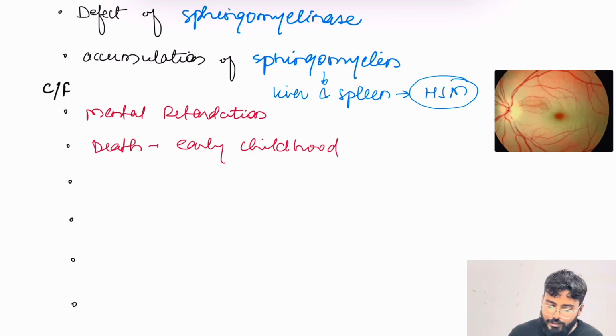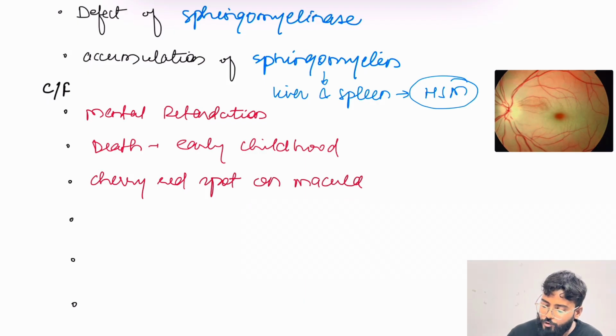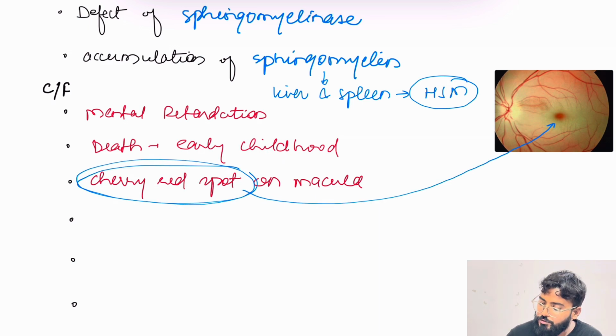The next one is cherry red spot on macula. So this cherry red spot, you can see this bright cherry-colored spot over the macula. This is a really important feature for Niemann-Pick disease.